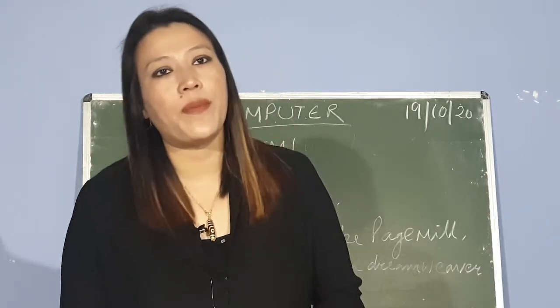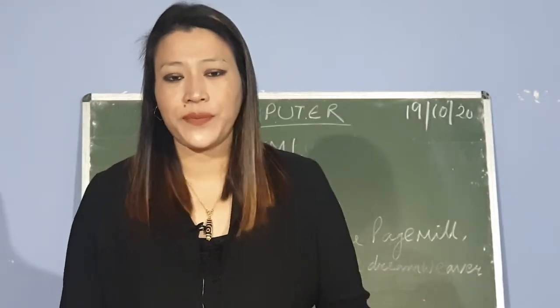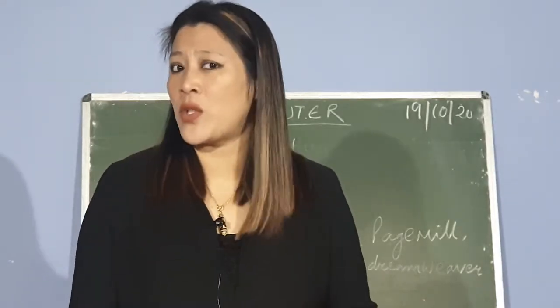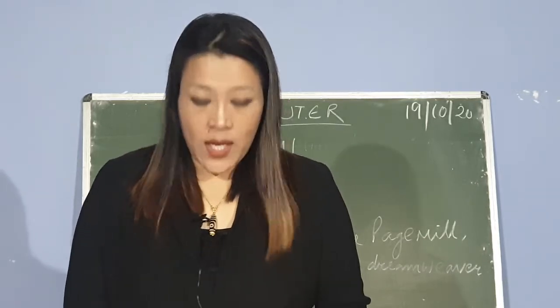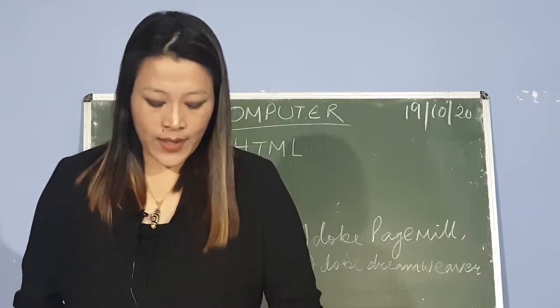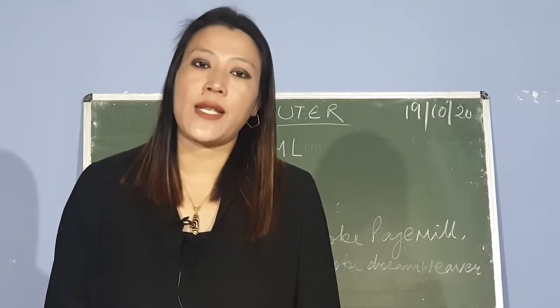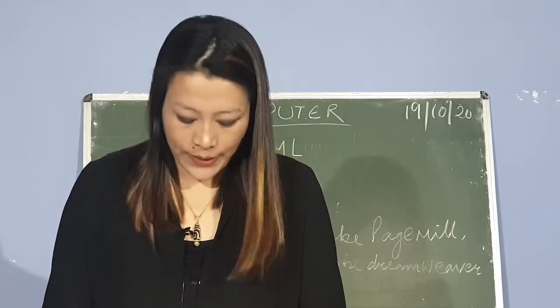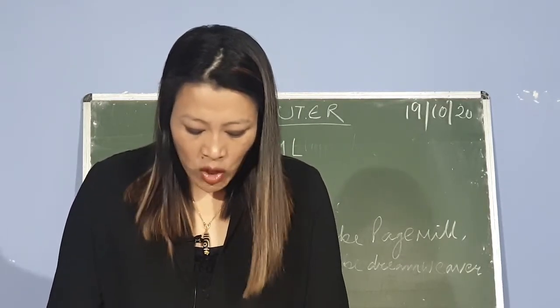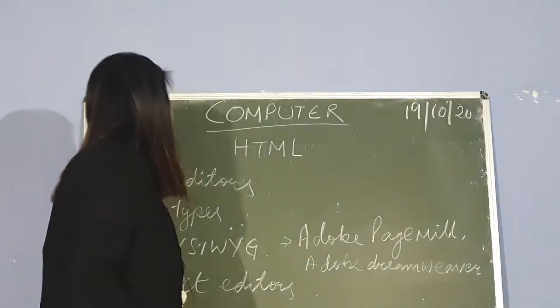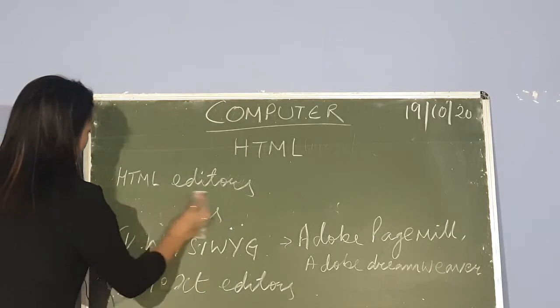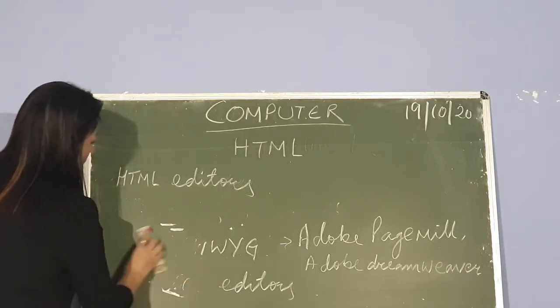Create and save a web page using an HTML editor. In this chapter, the text editor known as Notepad is being used, and I'm going to discuss how to create an HTML document in Notepad. To create an HTML document in Notepad, first you need to open Notepad. Where do you get Notepad?